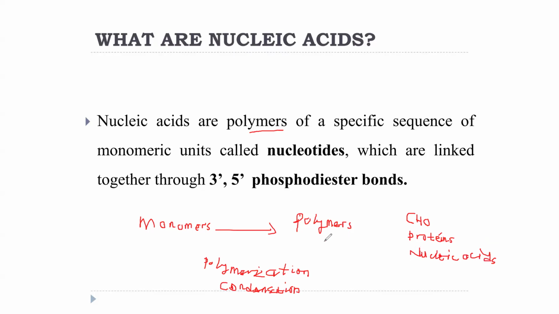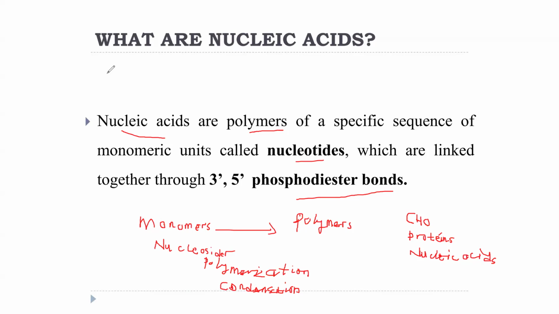So in the case of nucleic acids, the monomers are the nucleotides. It means that they are the smaller blocks that are used in building the nucleic acids. These nucleotides are linked by a bond, and this bond that links one nucleotide with another is called the phosphodiester bond.